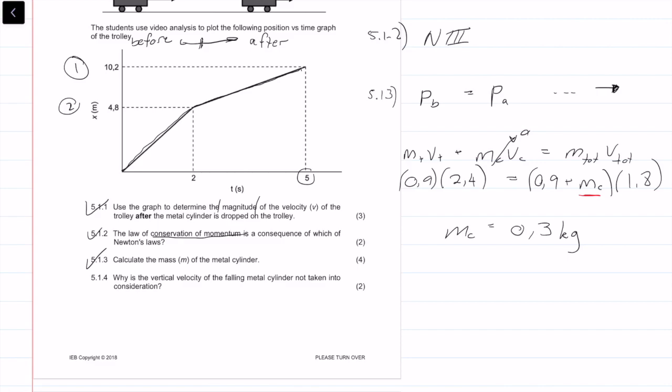Then we say, why is the vertical velocity of the falling metal sphere not taken into consideration?